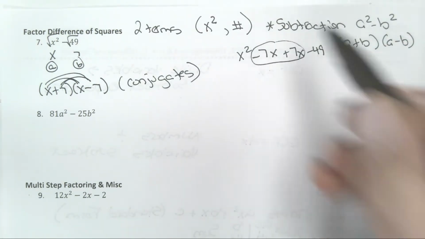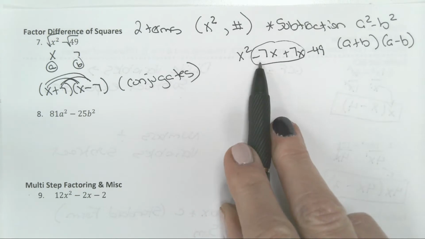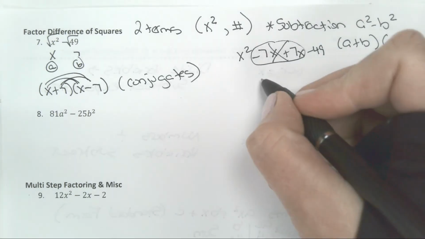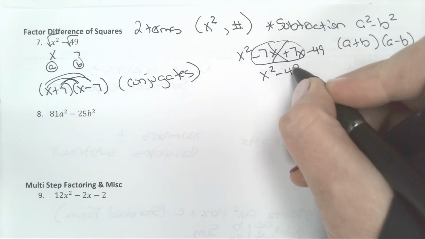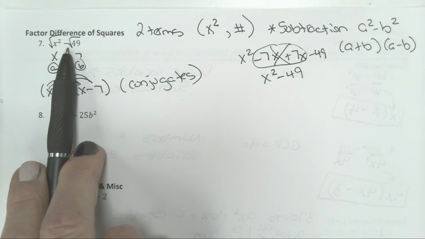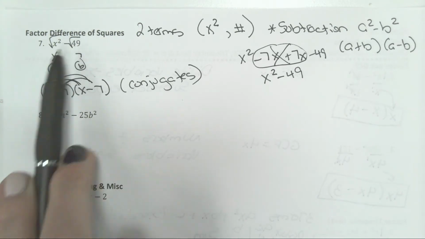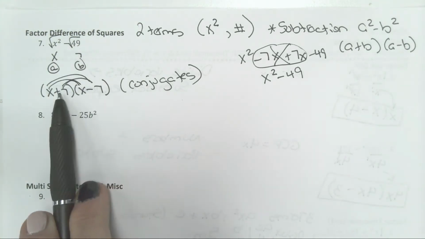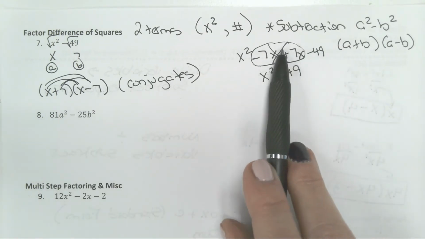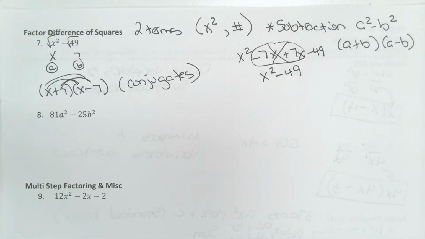So then if you combine like terms right there, negative 7x plus 7x, they zero each other out, and you just get x squared minus 49. So that's why anytime you have a difference of squares, your parentheses are always the same. One gets a plus, one gets a minus, because those middle terms end up zeroing each other out.